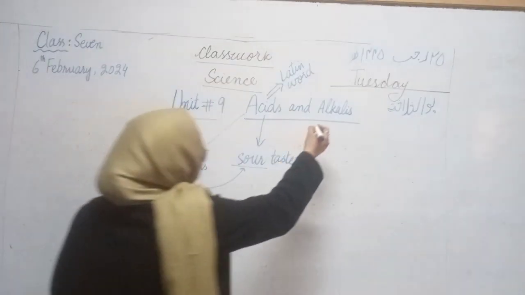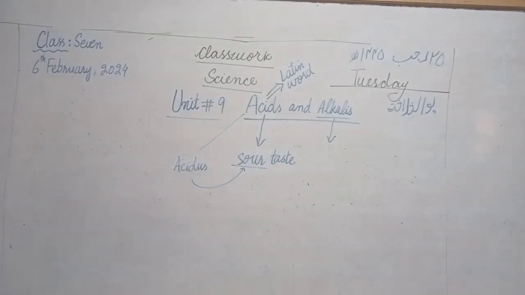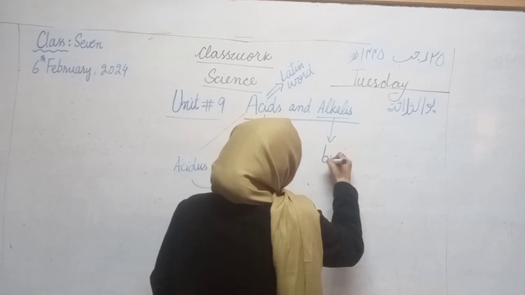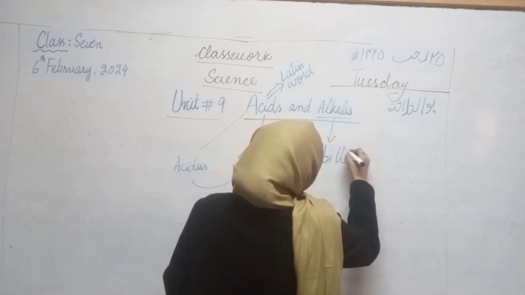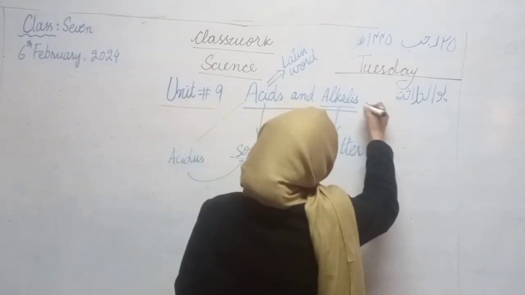Okay, what are alkalis? We have discussed in class that alkalis are those chemical substances having a bitter taste. And alkalis have a soapy touch.